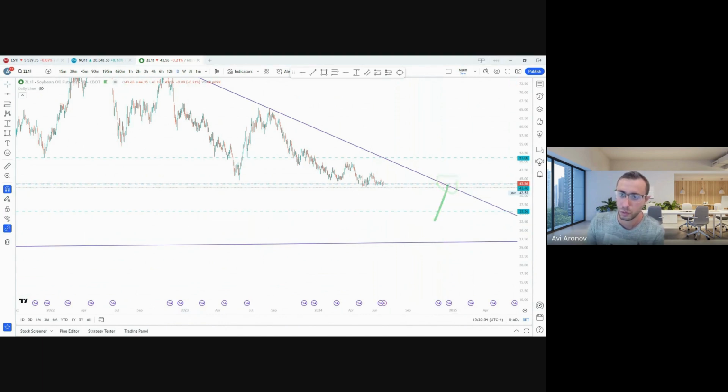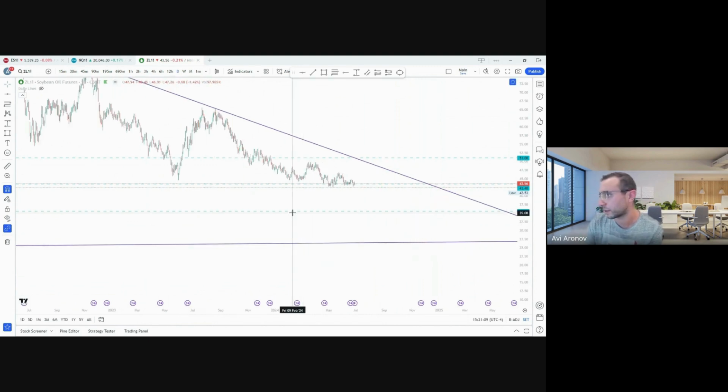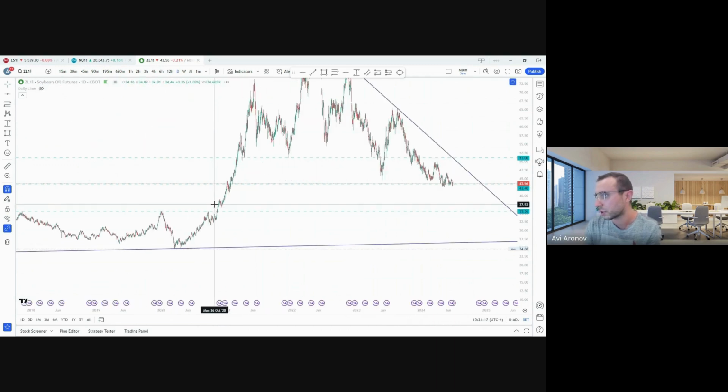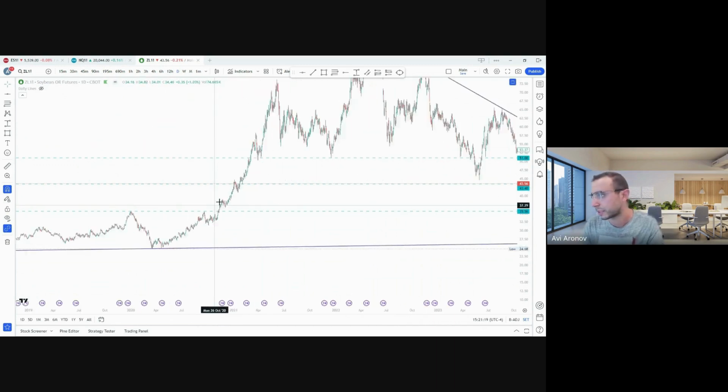Basically, we want to see it touch this support and resistance and come to this area, and then we will see a more aggressive sell-off. Okay, that's great. That's 1 point.